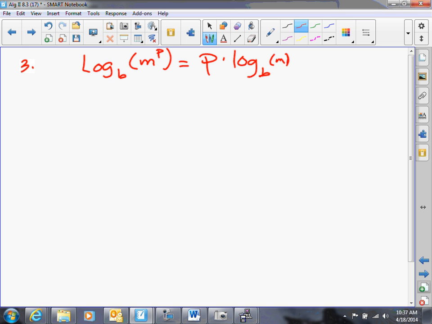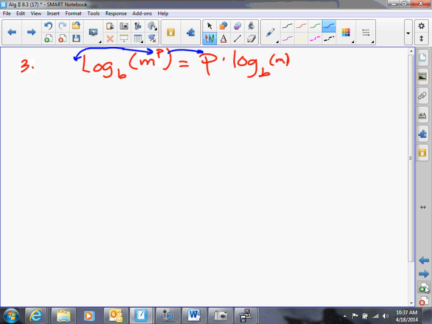Now, look at this with me for just a moment, because this is really pretty amazing. What we're saying is that if you have the log of a power, the exponent can actually come out and be a coefficient in front of the log. Now, that helps us in solving equations where the exponent is the variable. So that's why logs are so powerful.